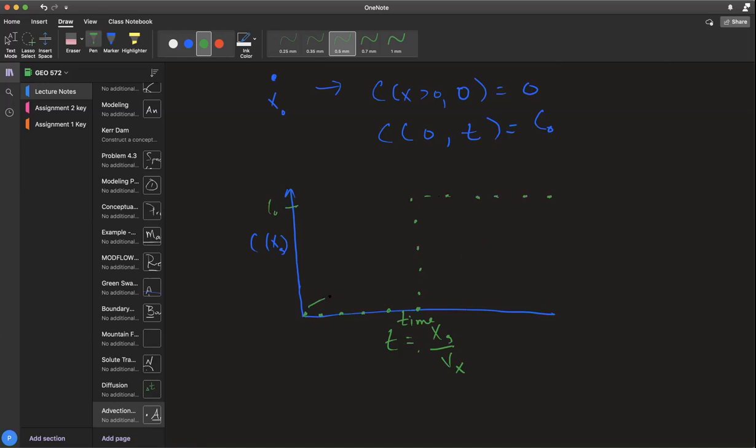All right, so this delay here is given by this time. I'm just going to lasso this and pull it up here. Okay, so this delay is given by x_s over v_x.